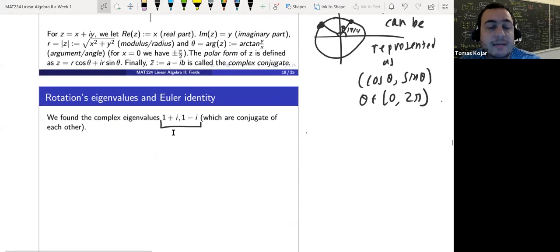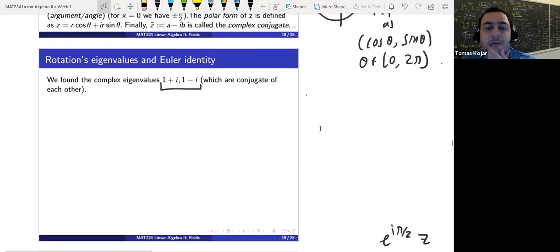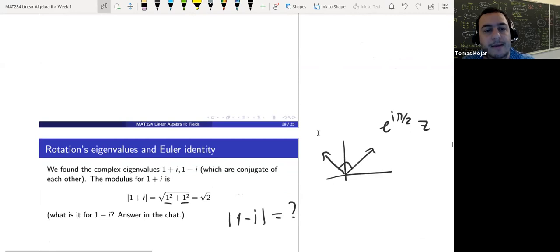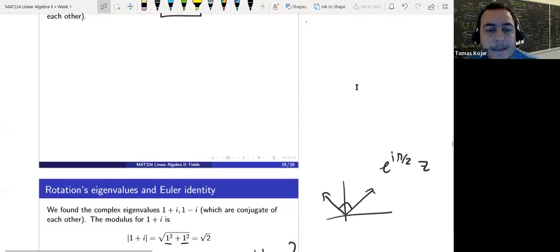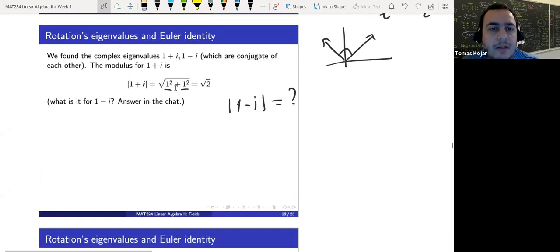All right, so we had these complex eigenvalues coming from that real matrix, 1 plus i and 1 minus square root minus 1, so 1 minus i. We computed its modulus. The modulus of a complex number is just the Euclidean distance from 0. So for 1 minus i, same thing.